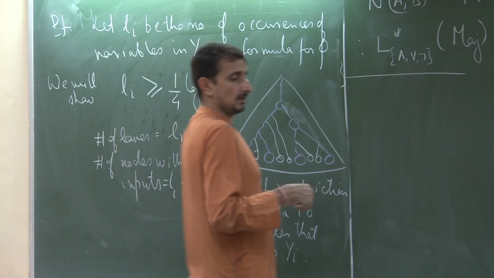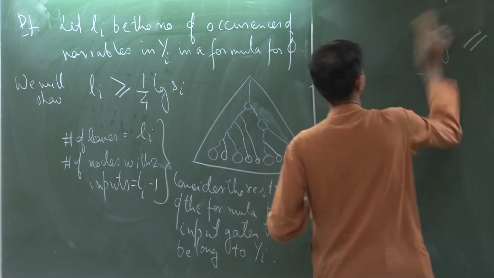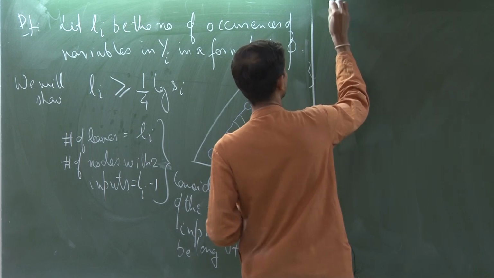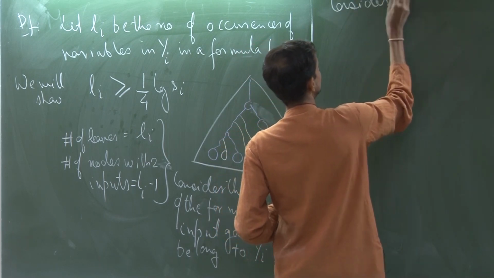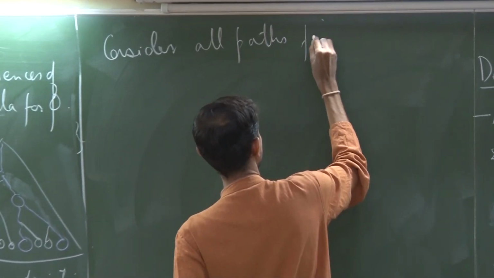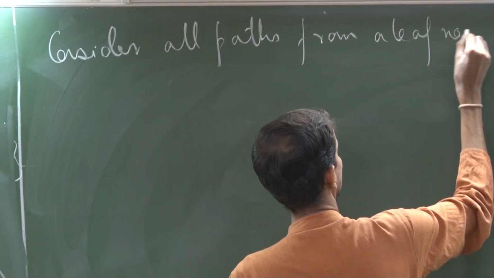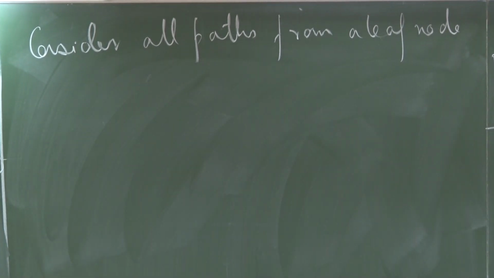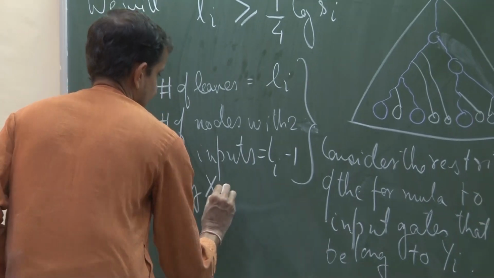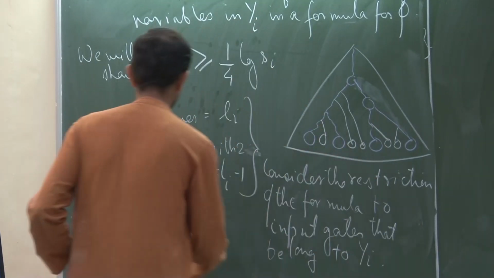Now, what we will do is consider all these paths from a leaf node. Let me call this set, x is already used, so let me use w.